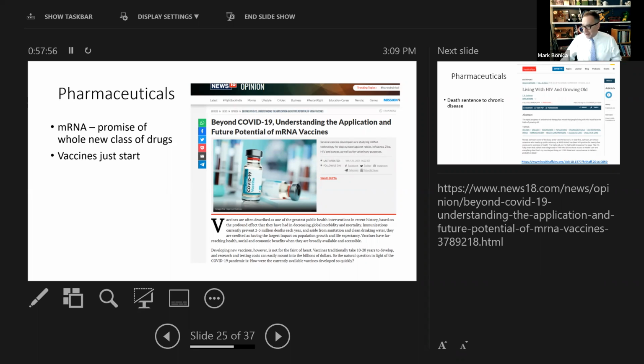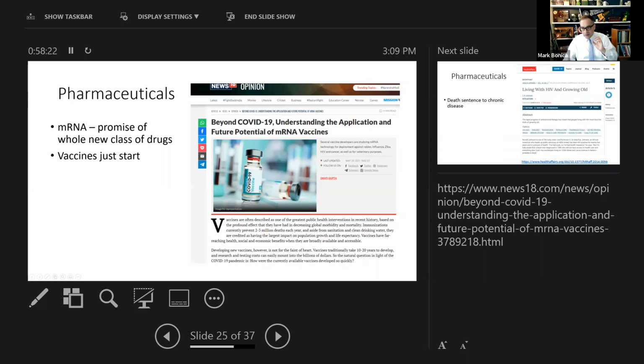I don't know if you know this, but Moderna got the DNA from the Chinese government on a Friday, and by Monday they had the vaccine ready, because of the mRNA technology.